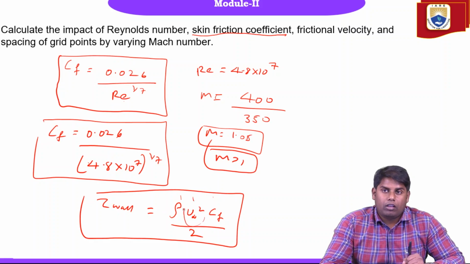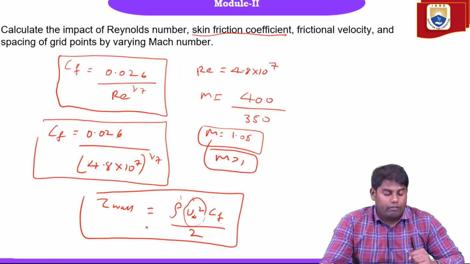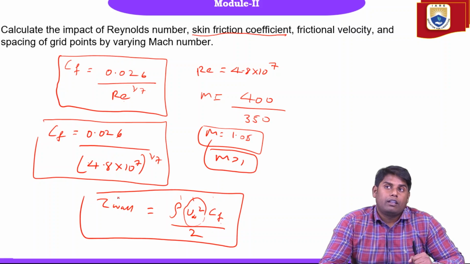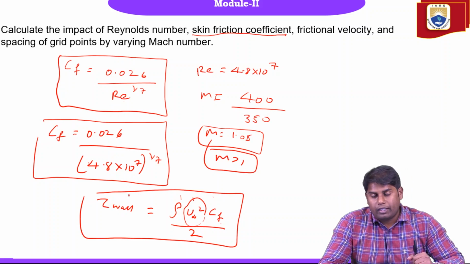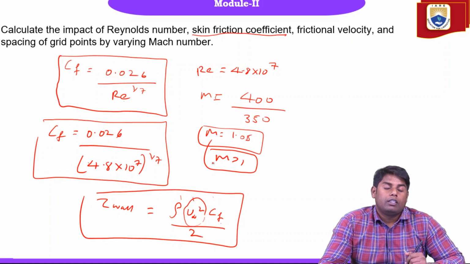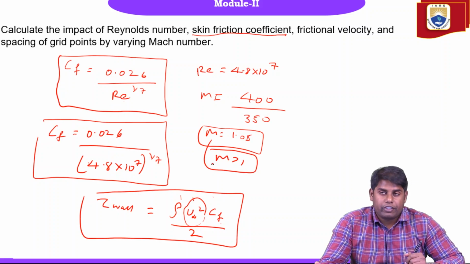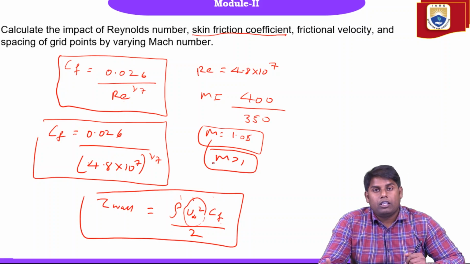As we increase the velocity, the coefficient may decrease, but the value of tau wall, the skin frictional force, is actually increasing. So the coefficient may come down, but as the velocity is doubled, the skin friction force increases by square times.